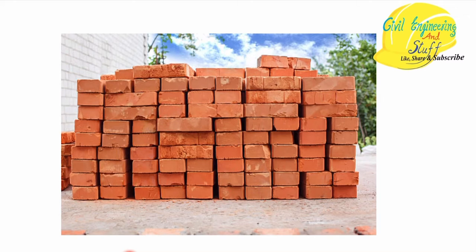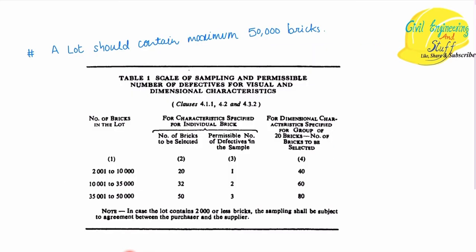These 20 bricks are taken at random from the lot, and a maximum of one defective brick is allowed. If we have more than one, then we have to change the lot.